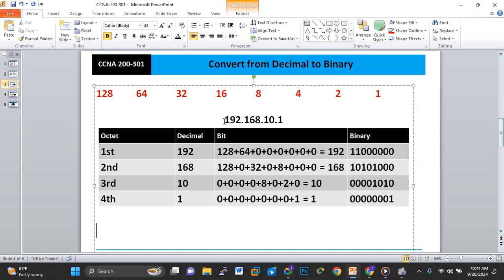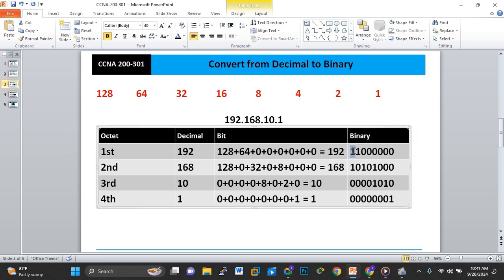So now, you can see this is 192. 128 and 192, which number is bigger? We can see 192 is bigger. So this 128 can go into this 192, meaning the bit is on.